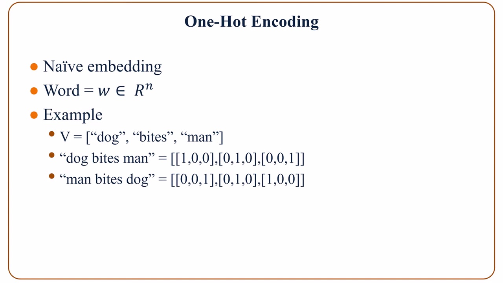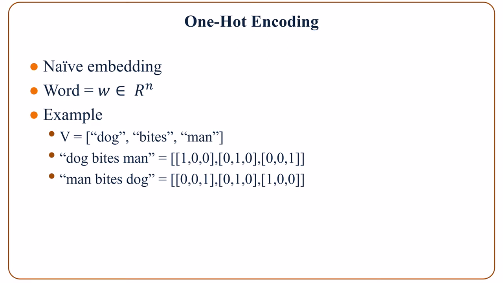Consider the dictionary V. Here we use the letter V; sometimes we use the letter Y also to indicate the dictionary with all the words. So our dictionary V contains 3 words: dog, bites, and man.